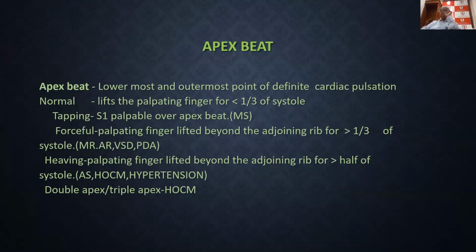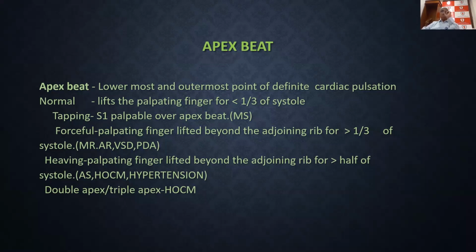So pulse, BP, JVP, you have looked at the precordium for any pulsations, and then you try to localize the apex beat. The apex beat is the lowermost and outermost point of definite cardiac pulsation. The normal apex beat will lift the palpating finger, but that lift does not take it beyond the level of the adjoining ribs, nor is it sustained for more than a third of the duration of systole.